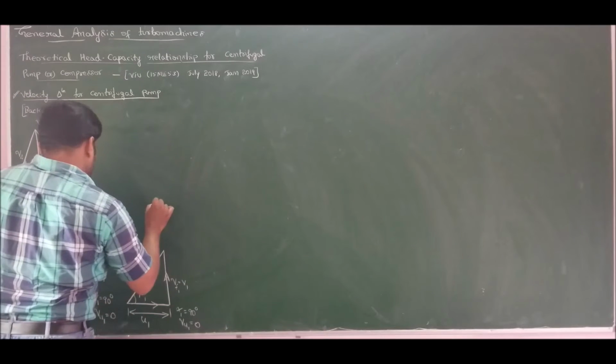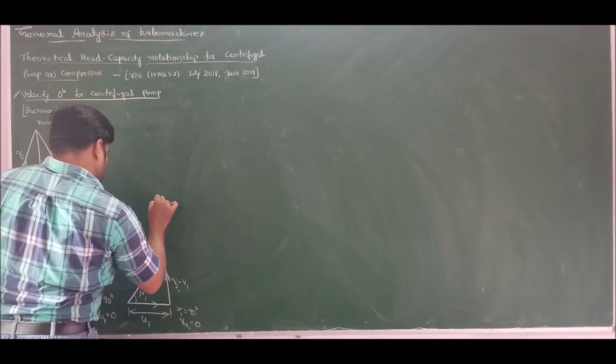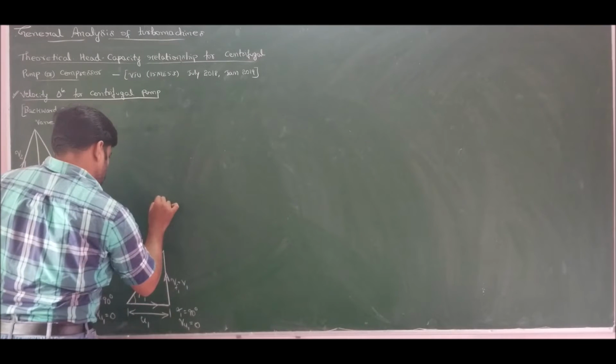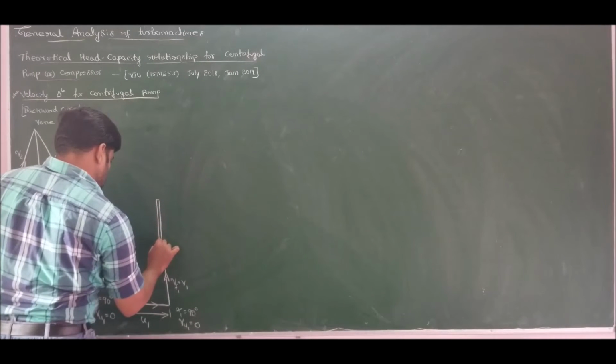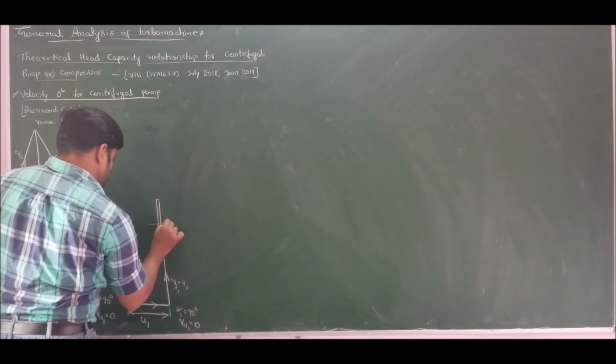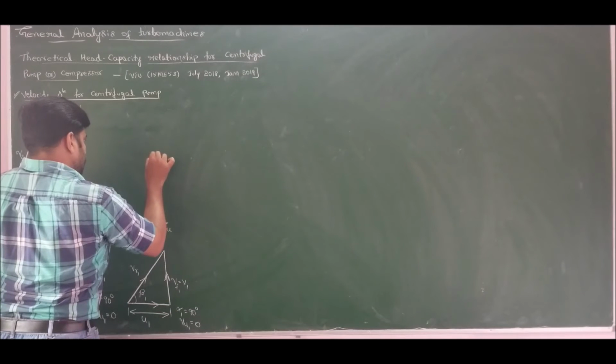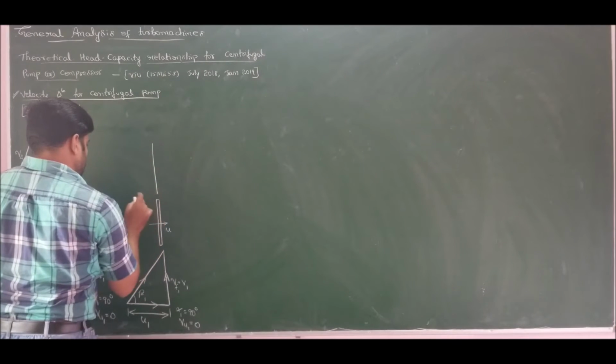Now for radial wings, the blade is radial, and it moves with velocity U. The outlet velocity triangle for this will be a right angle triangle.